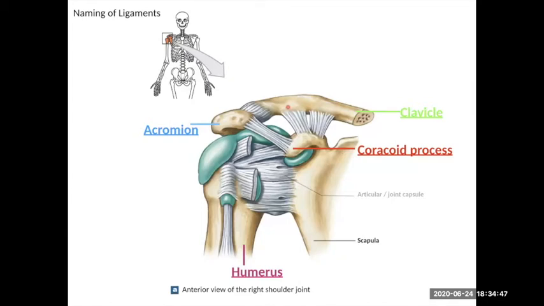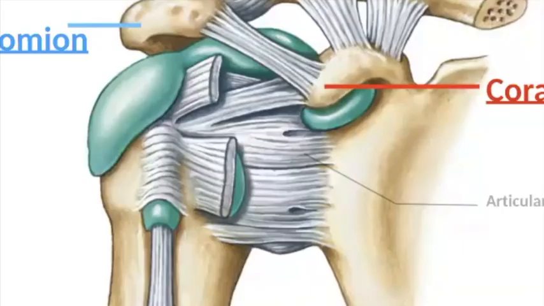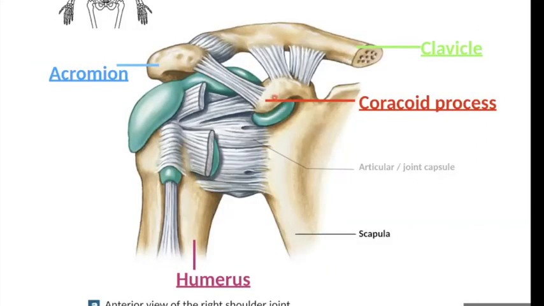And for your shoulder joint, I want to get into the naming of ligaments. All right, so these extra ligaments, there'd be a joint capsule inside holding your humerus to your scapula. And you maybe haven't learned all these names yet, of your scapula right here, but this process is called the coracoid process.